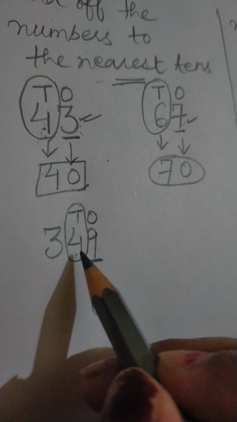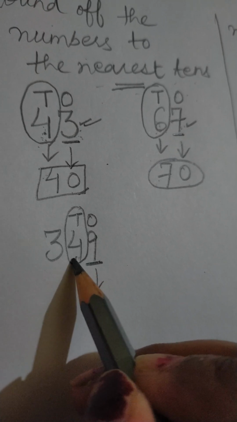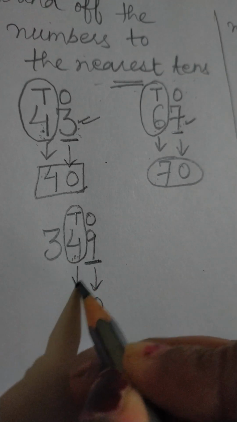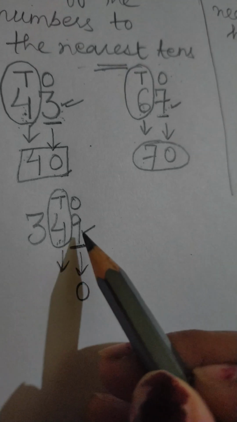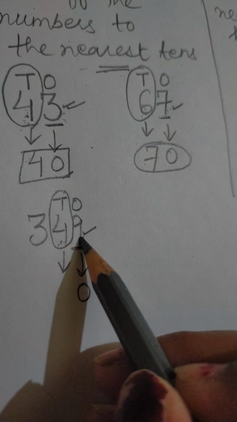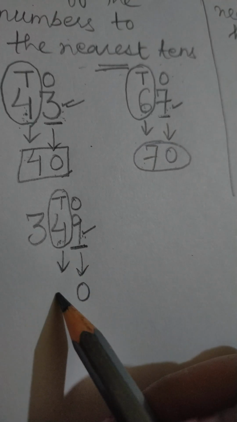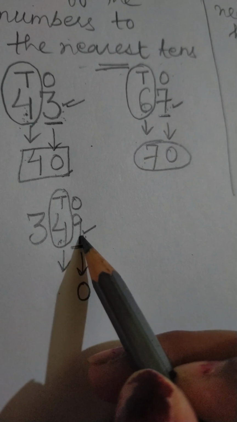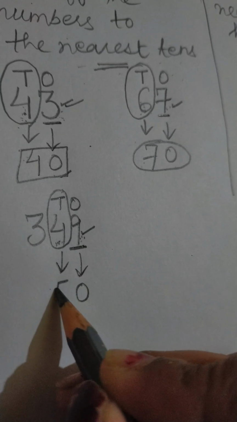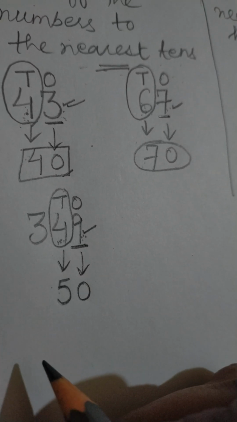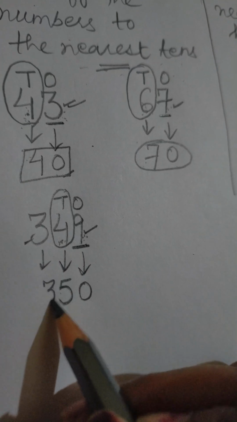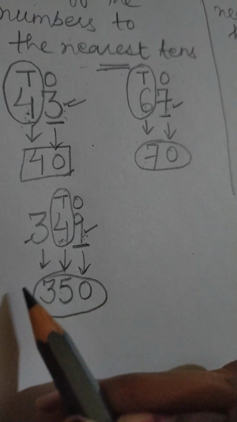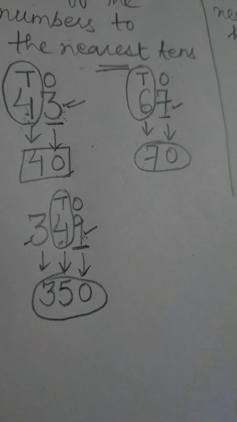We will observe the ones place digit. If the ones place digit is more than 5, the tens digit will become next. Here it is more than 5, so 4 becomes 5. There is no role of the hundreds digit, we will write it as it is. So our answer is 350.